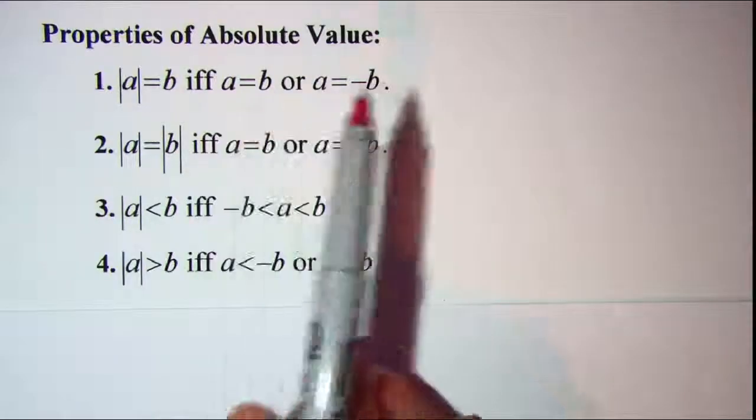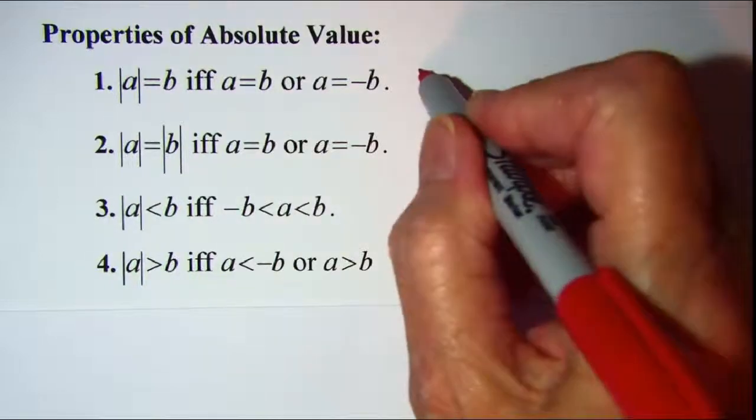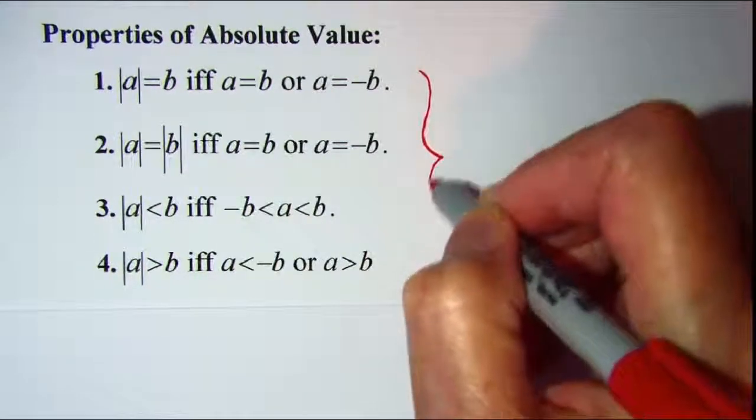So our properties of absolute value will be used to remove the absolute value bars.